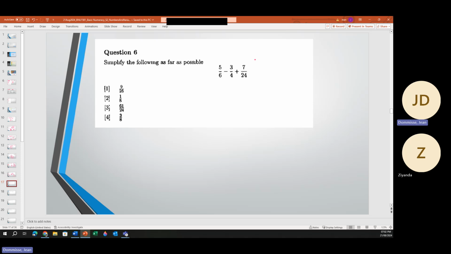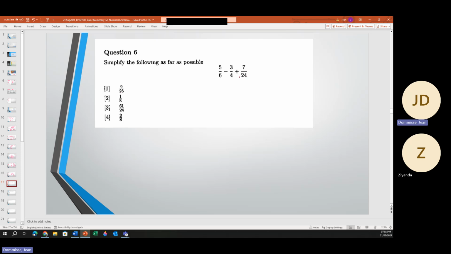So with a question like this, with simplification, what I find easiest, if you can't use your calculator, if the Sharp and the Casio don't allow it, is this. I would look at it: we've got a 6, a 4, a 24. I look at the answers: there's an 8, an 8, 26, 24.